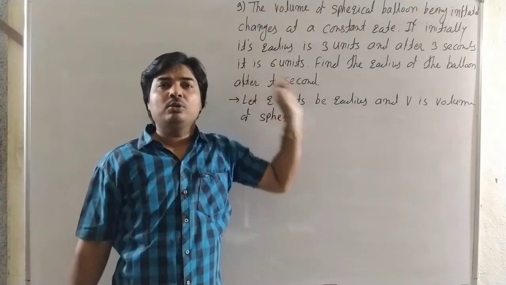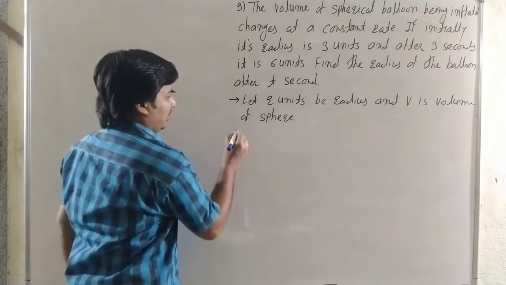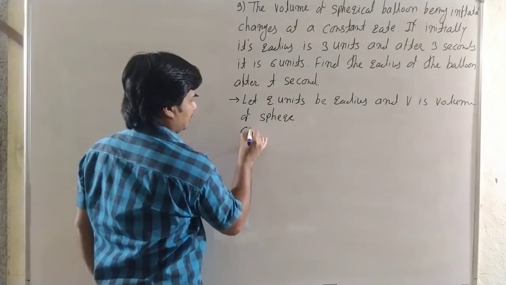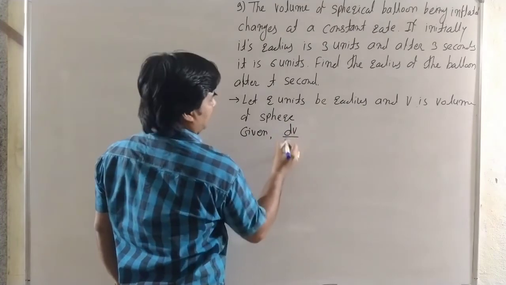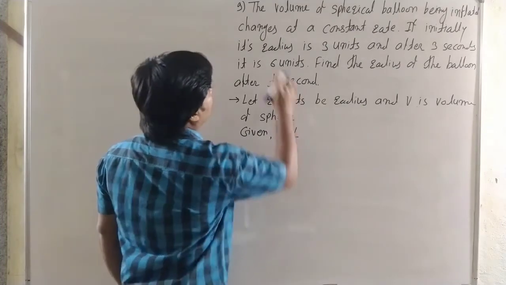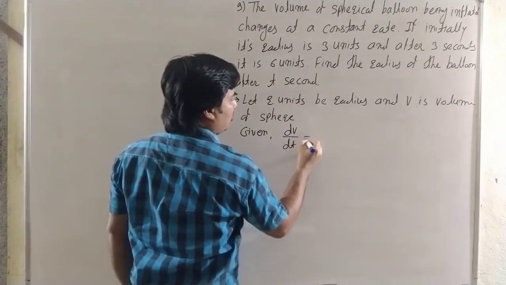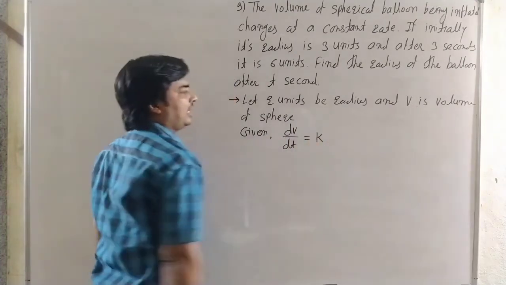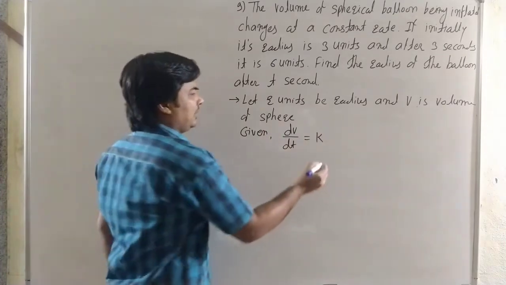That means the volume of the balloon increases at a constant rate. We say the rate of change of volume is k, where k is a constant. dV by dt is equal to k.